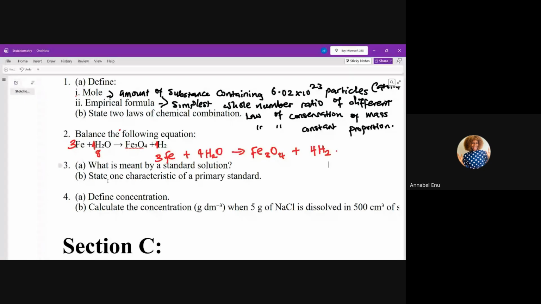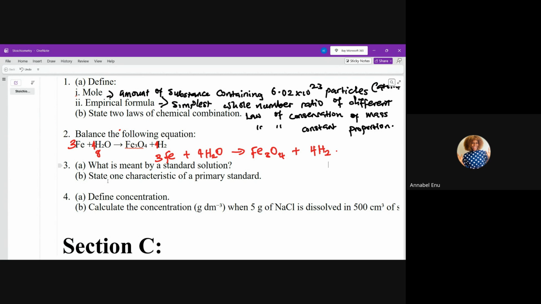So a standard solution is a solution whose concentration we already know, that is, how much of it is dissolved in the solvent. That's simply what it's all about.